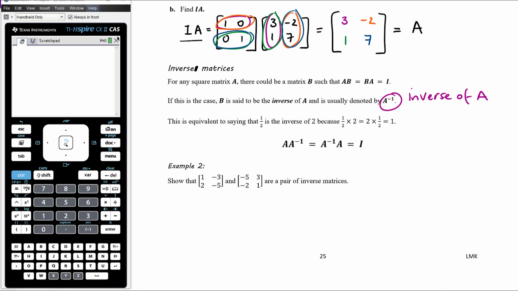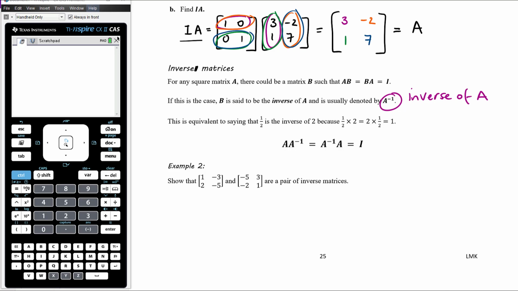Okay, so what we're seeing here is that if we have a matrix that when we multiply it by another matrix we get the identity matrix, then those two matrices must be inverses. And again, we'll find that the matrix multiplication is commutative. We could do the matrix times its inverse or the inverse times the original matrix, and both would give us the identity matrix.